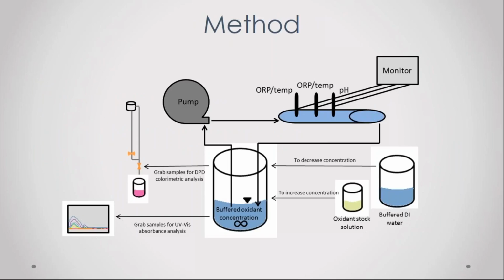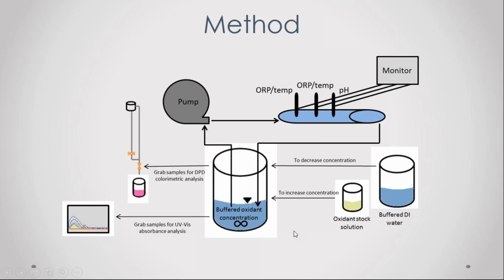At first we developed a method where we had water that was buffered to different pHs, and it was pumped through this manifold here, with different ORP probes, a pH probe, and a couple others. And it was continually cycled back into the reservoir.